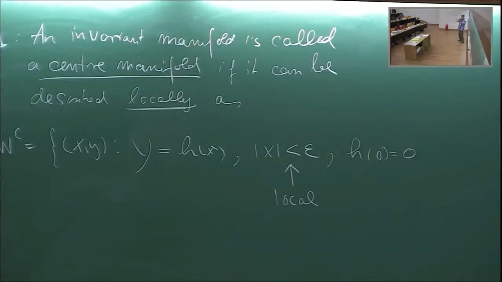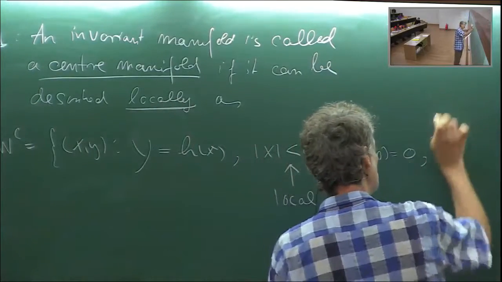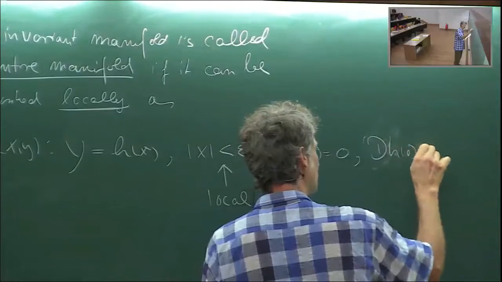Okay? So that means if we go very, very local, it looks like the linear, we approach the linear case. And that also means that down here, the dynamics is flat. It has only a component in the x direction. There's no projection onto the fast direction. So that means here you get rid of all the fast components. Okay? So we also say that we are tangential. So dh of 0 is 0.